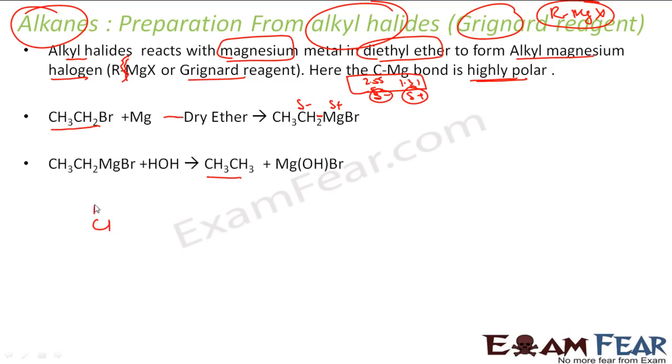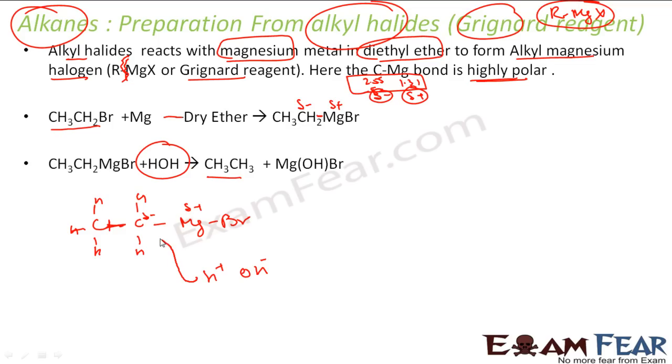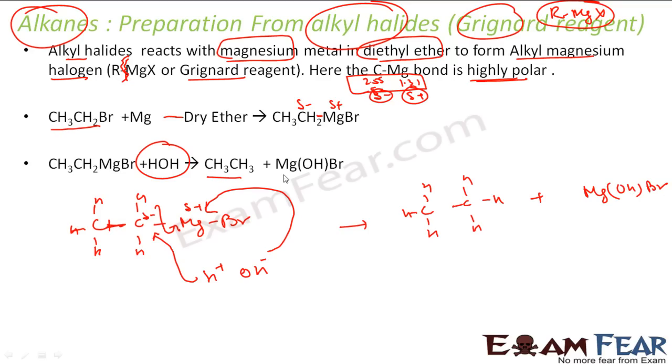I have CH3, then CH2, then Mg, and then Br. Now for water, let's assume I have H plus and OH minus ions, to make things a little simpler. Since the carbon is slightly negative and the magnesium slightly positive, this H will attack here, this bond will break, and this OH minus will attack the magnesium. So the output will be CH3 intact, the second carbon, with a hydrogen here, plus with the magnesium you will get OH here.